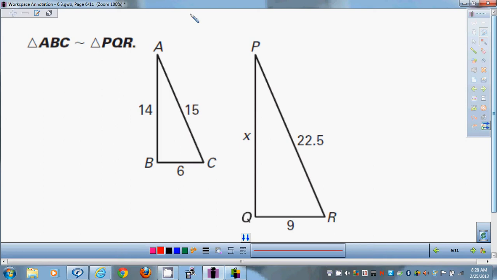Who can tell me what my scale factor is? Very good. Which two pieces did you put together to use to get that? Did you just put it in your calculator, math, and enter, or did you reduce it yourself? Okay, that's fine. I don't mind if you just punch it in your calculator.